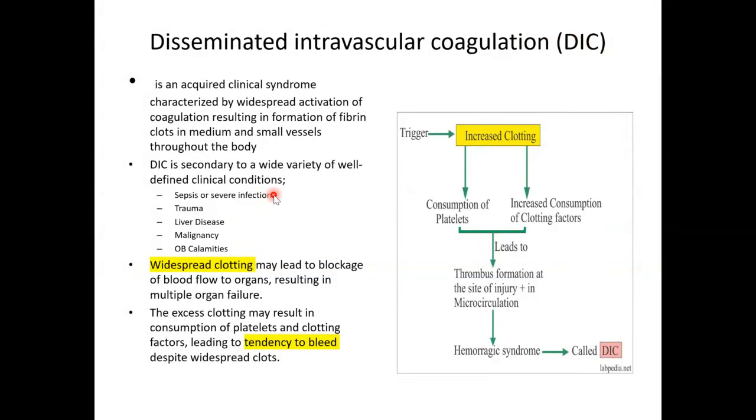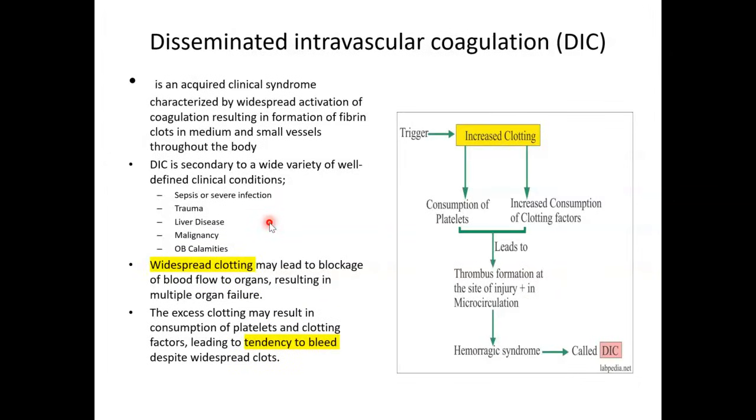So sepsis is a common cause. Trauma is a common cause. Liver disease, somebody who has cancer or malignancy, and OB calamity. Sometimes somebody goes in for childbirth and they develop DIC while they're in labor and delivery. I'm going to talk about the mechanism here.